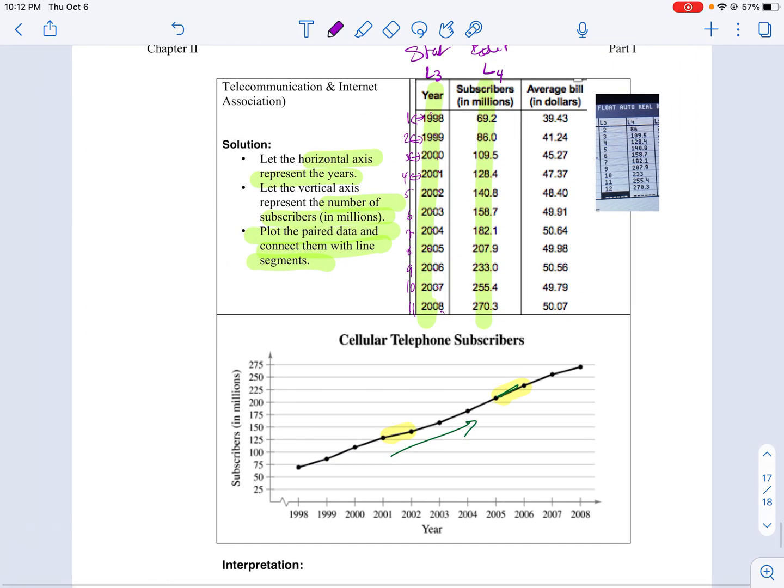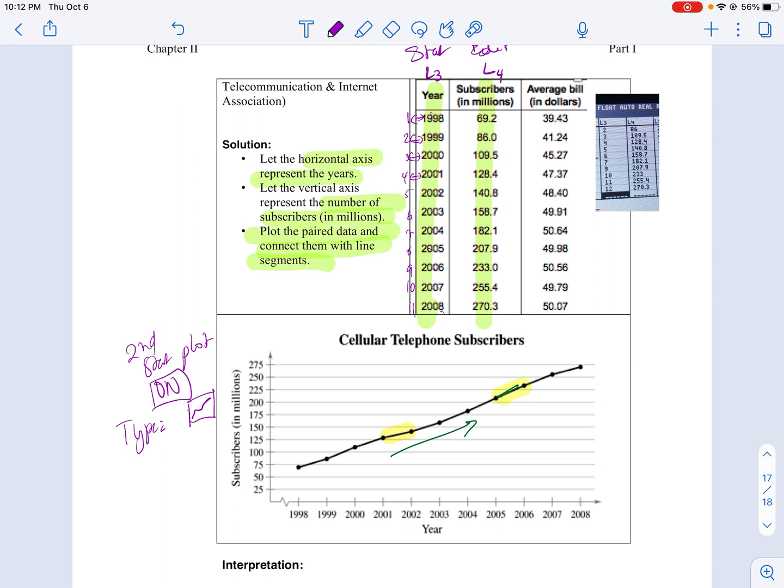Now I'm going to go plot this guy. We're going to do second function, stat plot. We're going to turn that guy on. The type of graph, we're going to take choice number 2.